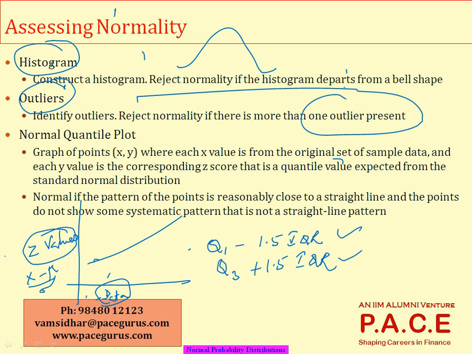But if it is very much away from a straight line pattern, or it is showing some other known predefined pattern, then we call it a non-normal distribution.